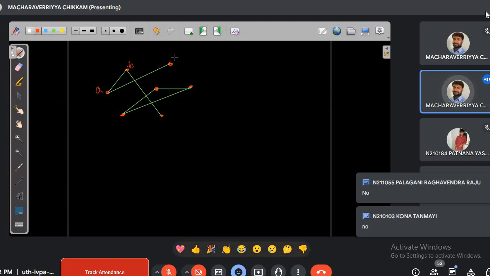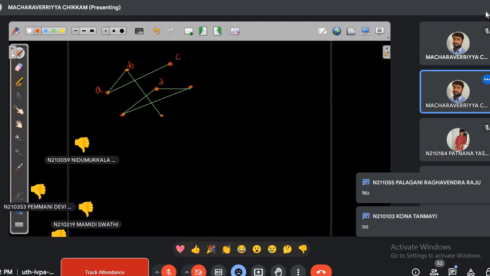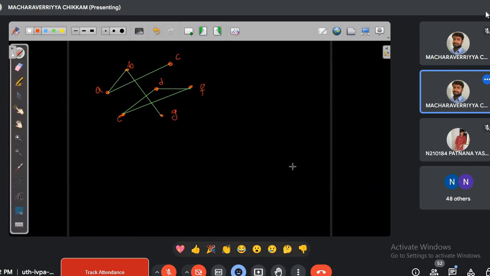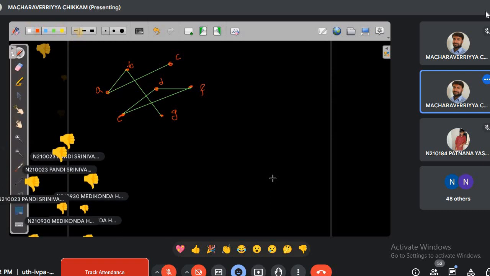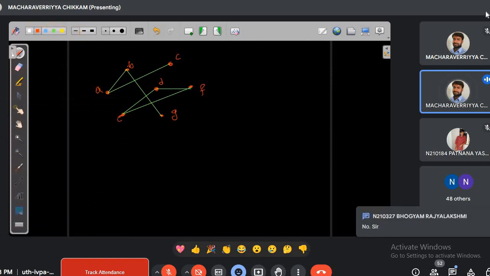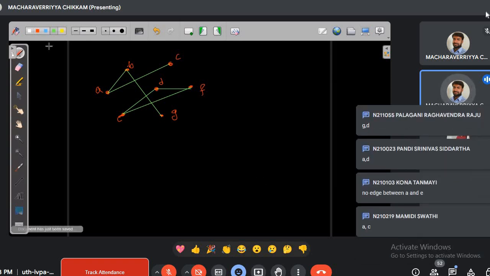That is A, B, C, D, E, F, G. Oh, many no's. All right, you are saying that this graph is not connected. If it is not connected, then you tell me two vertices so that there is no path between those two vertices. G, D. Yes, there are many pairs you can give. You can take A, E, right?